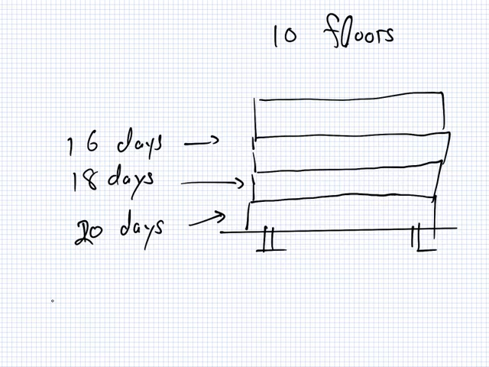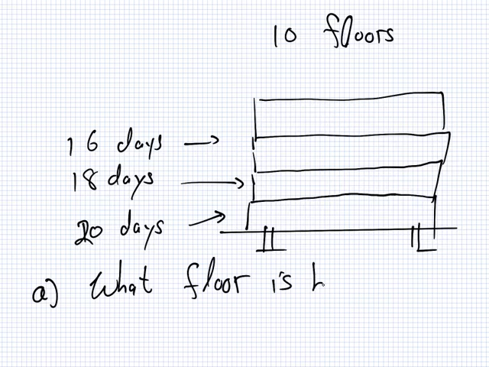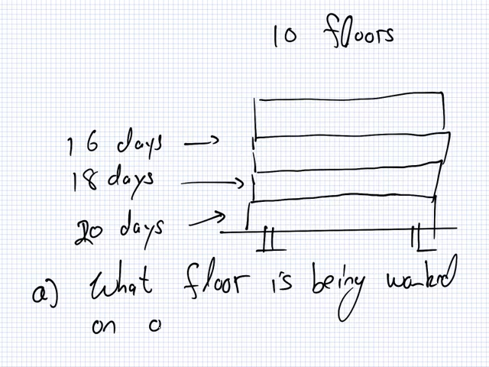So I'll give you two questions to try. What floor is being worked on the, let's say, 60th day? So the first part is, what floor are you working on after 60 days?